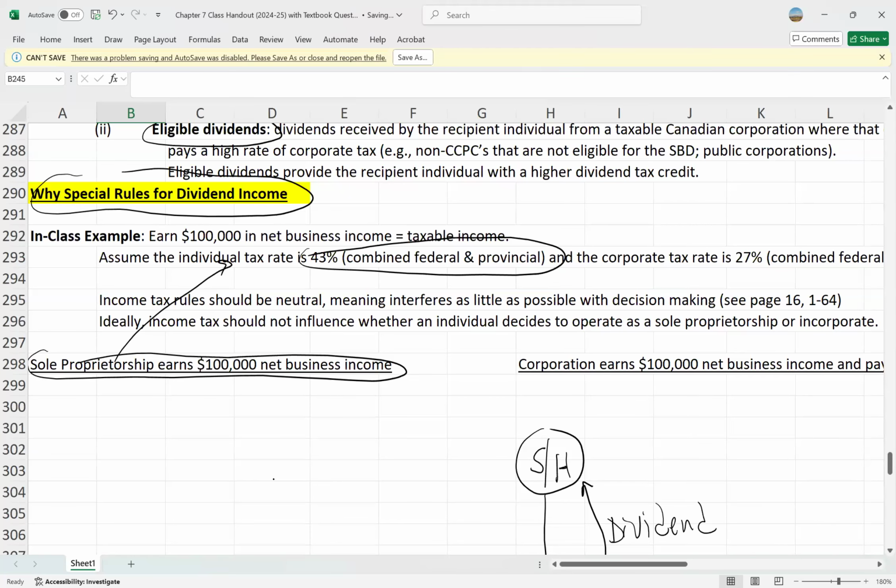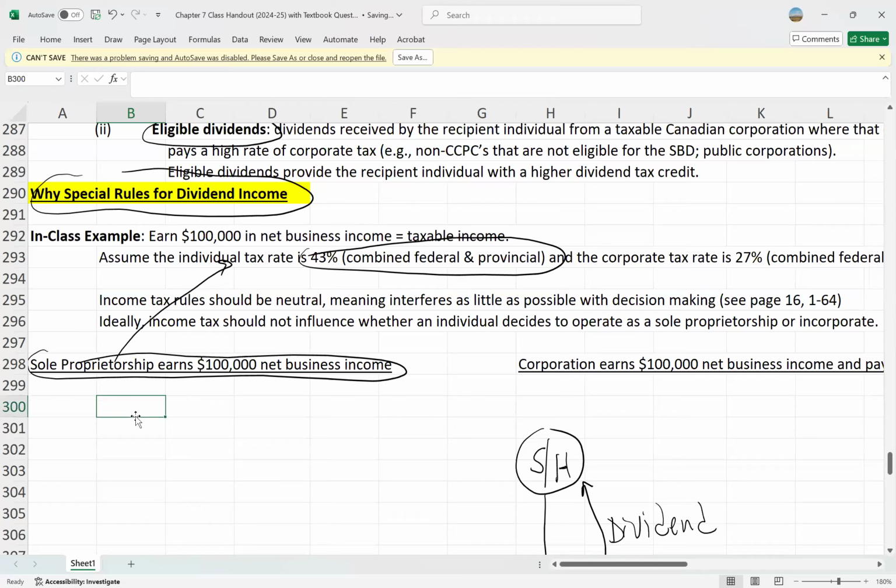Now, when we started this course, I said, we're only going to be concerned about the federal tax and the federal tax credits. But when it comes to dividend income, we do sort of have to incorporate provincial tax as well. So in this example, we're going to assume that both their federal and provincial tax for this individual is going to be taxed at 43%.